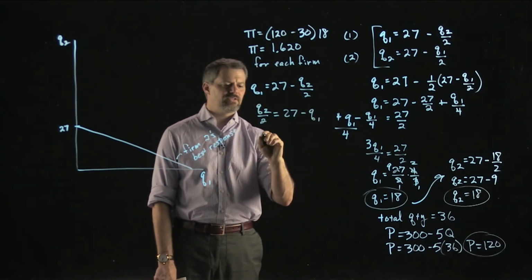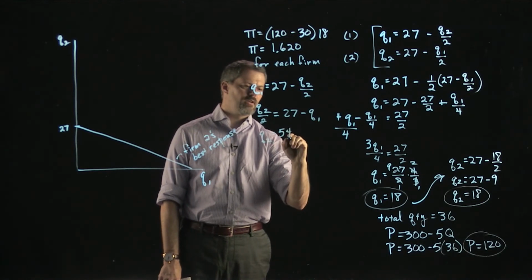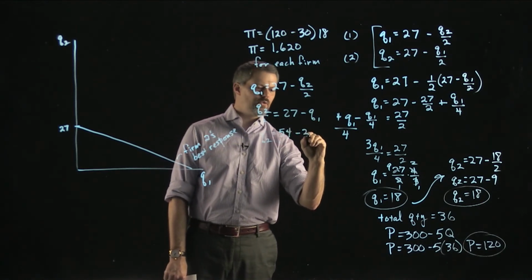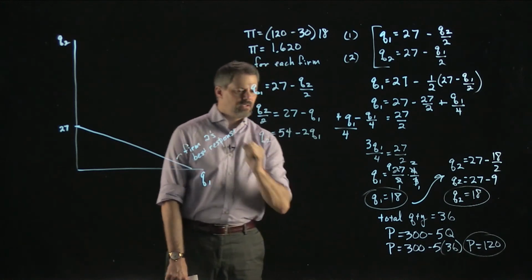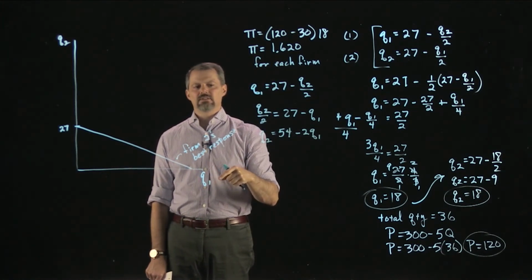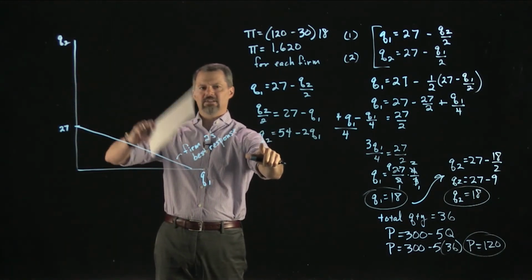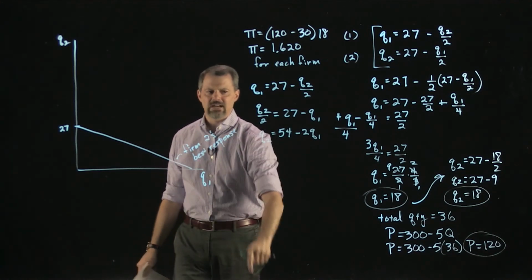And multiply by 2. Q2 is equal to 54 minus 2Q1. Now I've got firm 1's best response function inverted and solved for Q2, which I have to do to graph it in this space because Q2 is on my vertical axis.